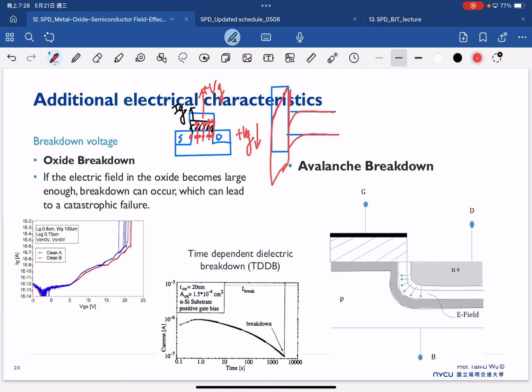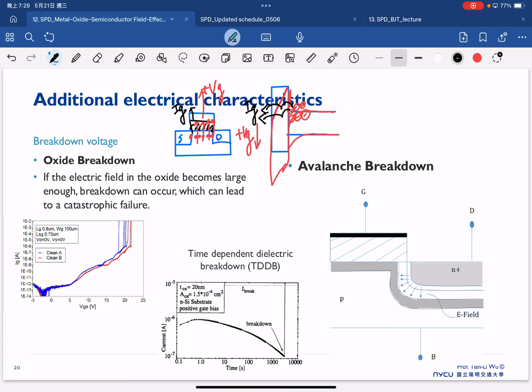We already know this is the region where we have the inversion charge, but because of the positive bias here, the charge can start to flow from the right to the left and become the gate leakage current.